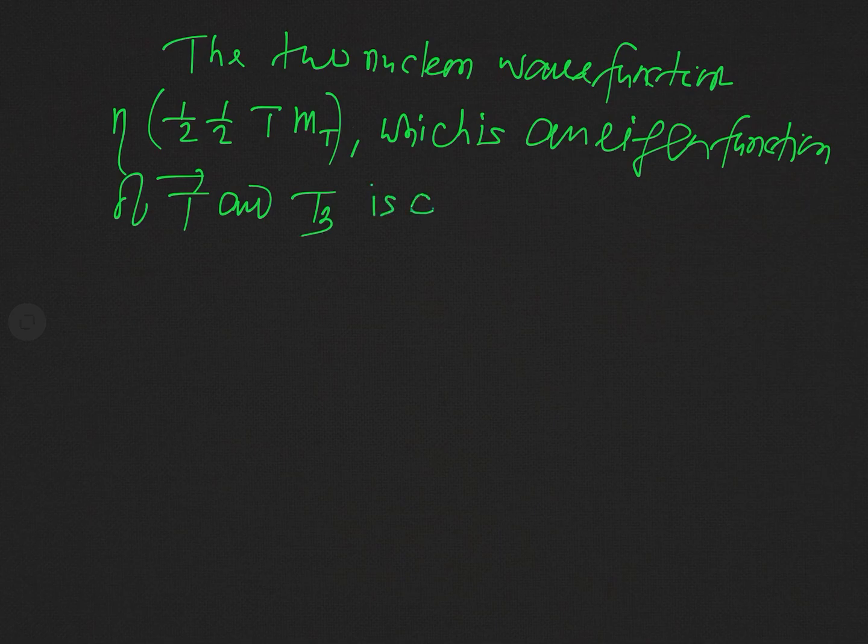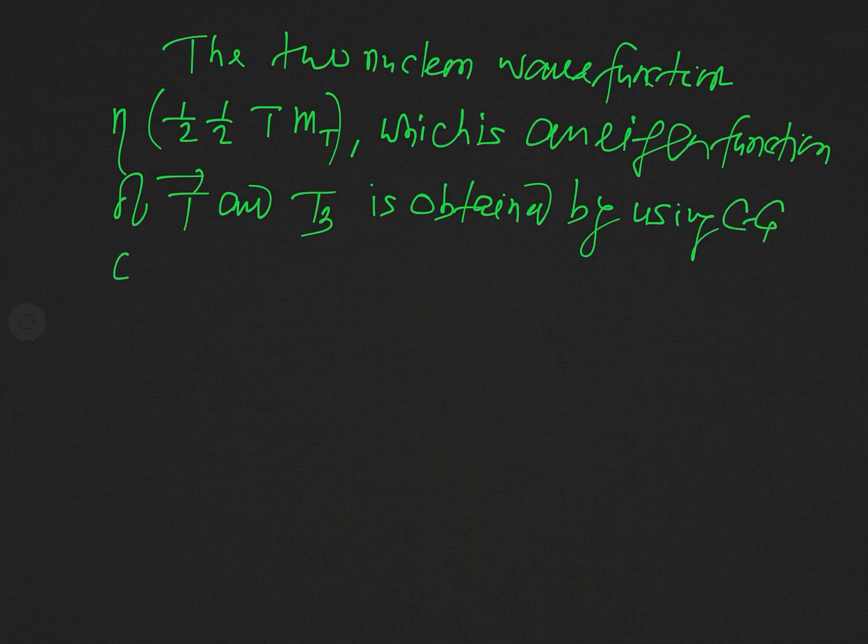T3 means the z component of T. It is obtained by using CG coefficients. I hope you have studied the evaluation of CG coefficients in the topic of angular momentum in quantum mechanics.